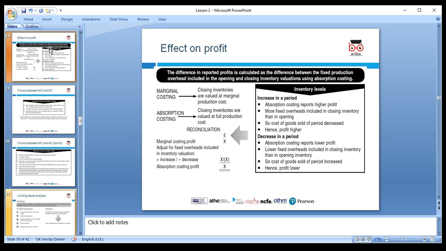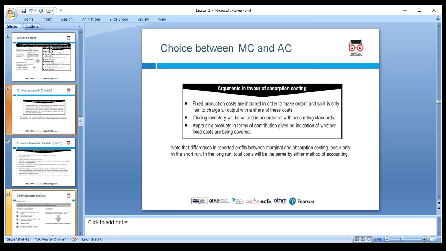Normally in the absorption costing method, also known as full costing, closing inventory value can be higher, so profit can be lower, and vice versa. If inventory levels increase in a period under absorption costing, there is higher profit, as more fixed costs are included in the closing inventory, so the cost of goods sold decreases, hence the profit increases. If inventory decreases in the period, absorption costing gives lower profit, as lower fixed overhead is included in the closing inventory than the opening inventory, so the cost of goods sold increases, and so on.